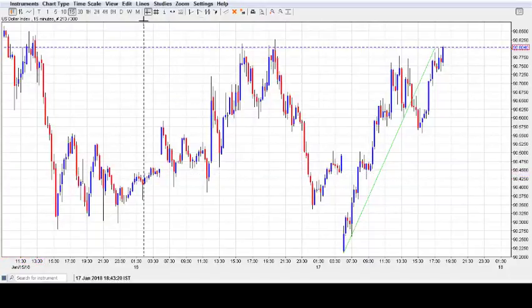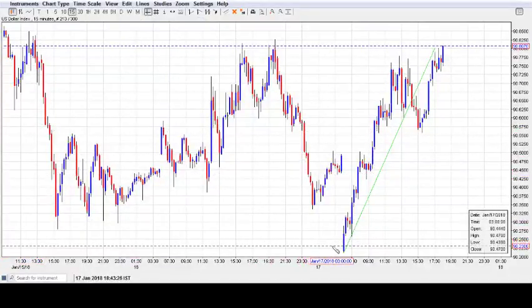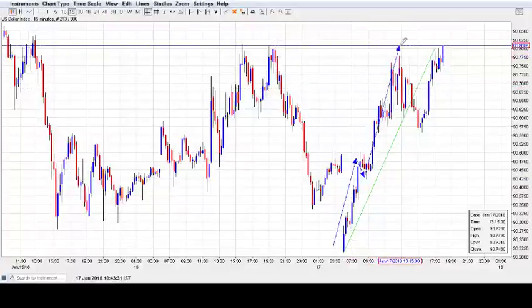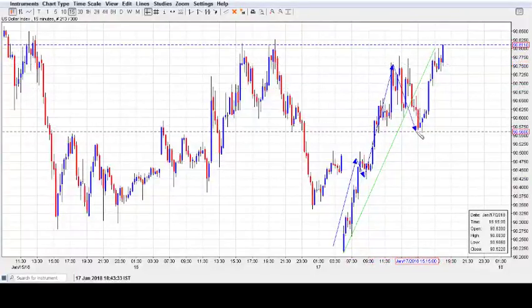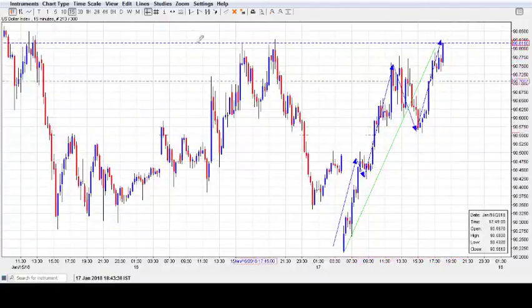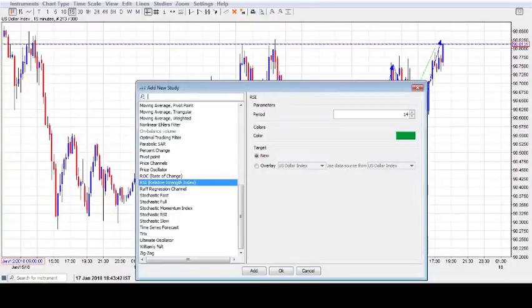If the counts are correct, there was a very shallow wave 2, and then we've got 3, 4, just about the fifth wave. Normally fifth waves are accompanied by divergences.